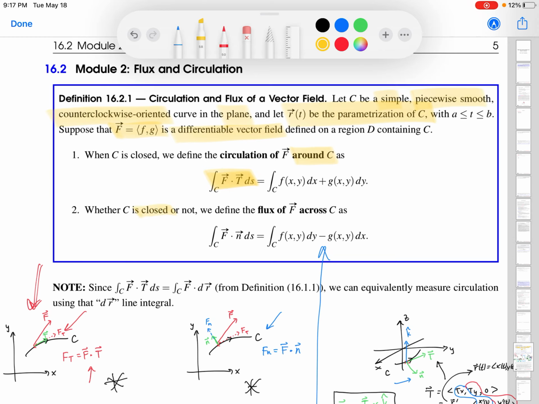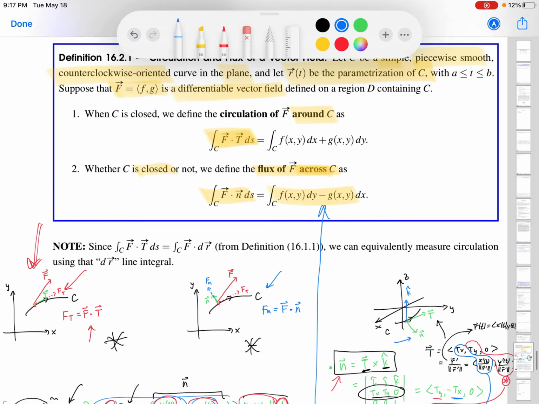And then we're thinking about the vector field as being a fluid field, so maybe drops of water that are rushing in all sorts of directions. And then the flux is going to measure effectively how much of the water is flowing through the curve, across the curve. And that's this new quantity on the left-hand side. And then we have this expression we derived that'll help us to calculate it.